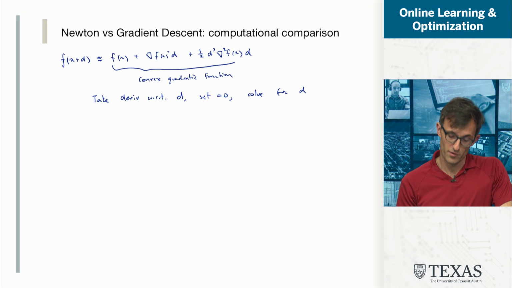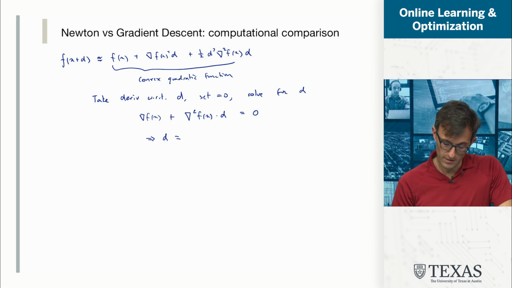We've done this quite a number of times in this course. And doing this, we get the gradient of f of x plus the Hessian of f of x times d, a matrix-vector product, equal to 0. And therefore, d is equal to minus the inverse Hessian, I'm doing two steps at once here, times the gradient.